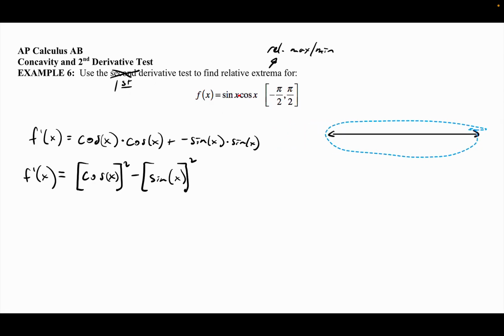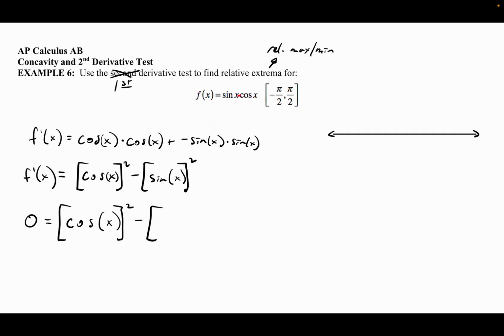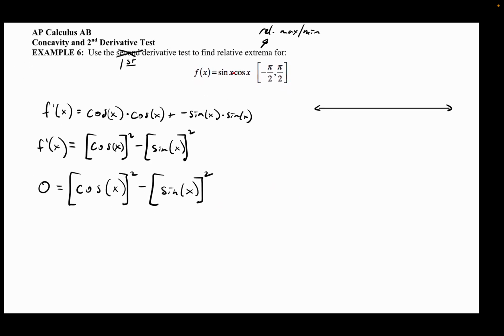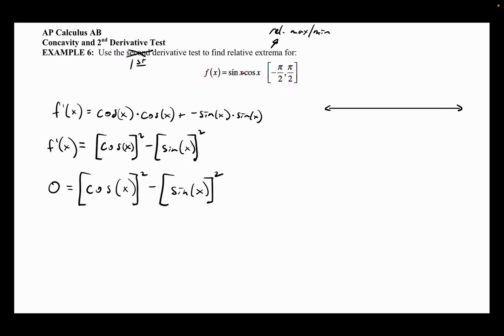Set that equal to 0. So we got 0 equals cosine of x squared minus sine of x squared. How do I solve this? What's the easiest way?